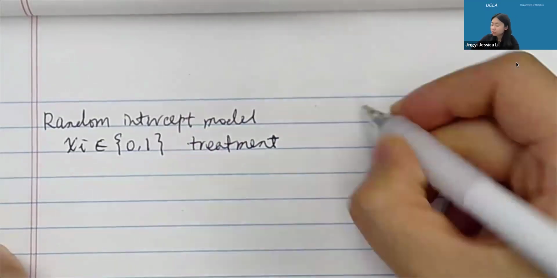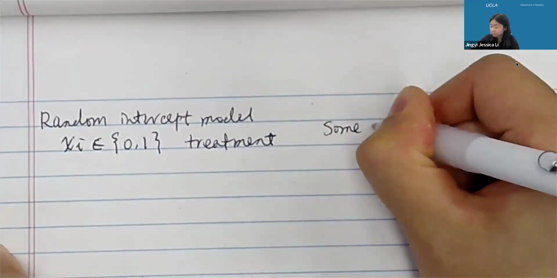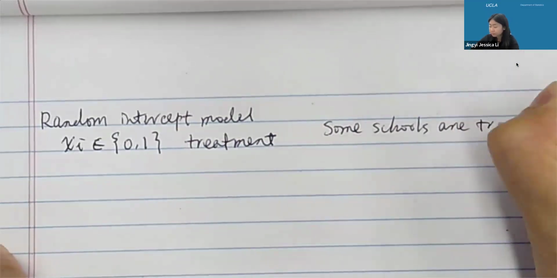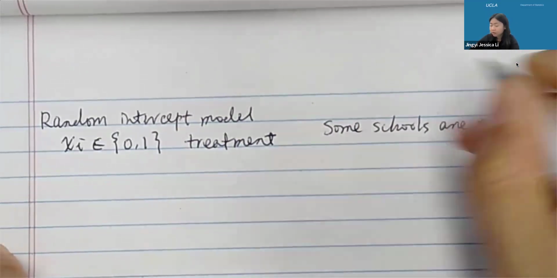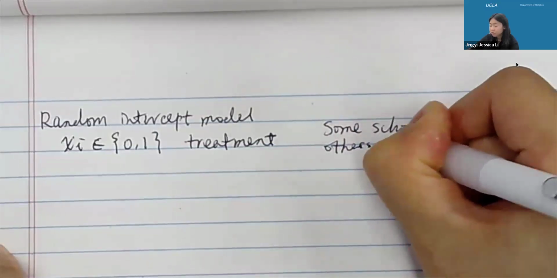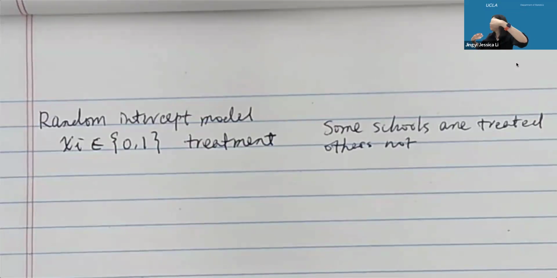Some schools are treated, others are not. So the schools naturally fall into two groups. And I want to assess the effect of this treatment.